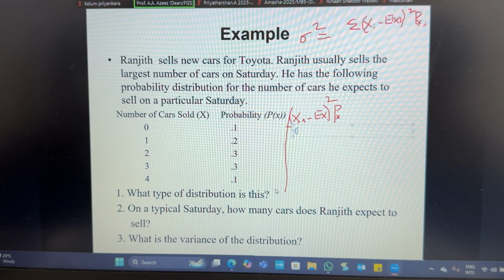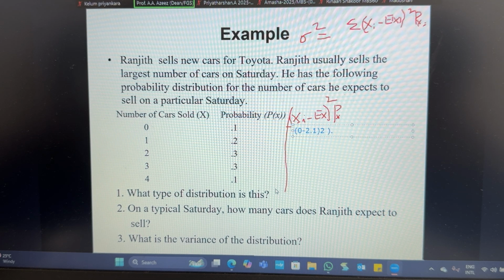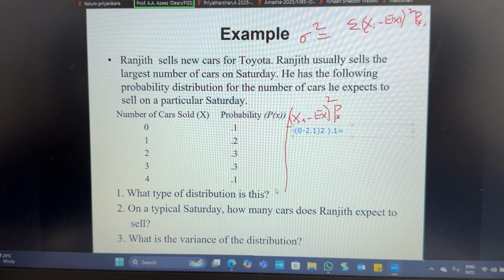So therefore xi 0, then minus E(X) we have found 2.1, then squared, then multiplied by 0.1 equal.